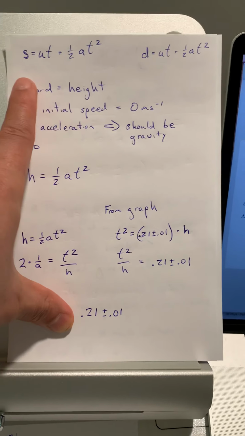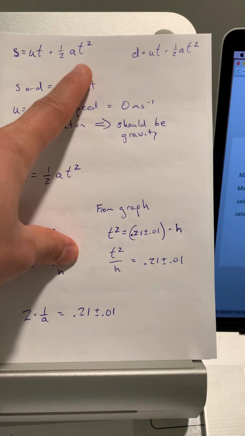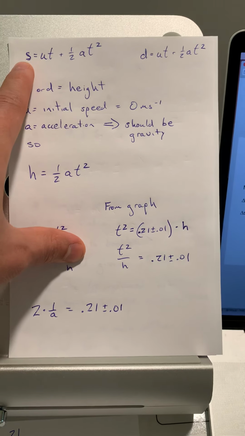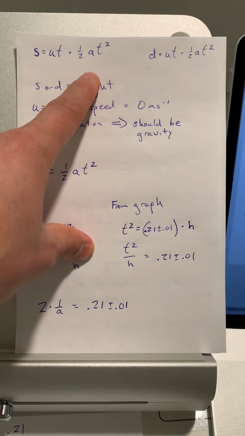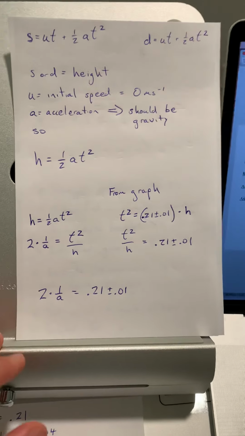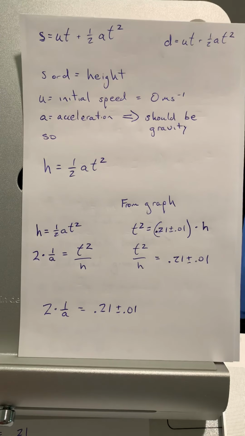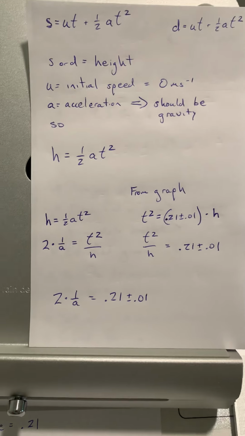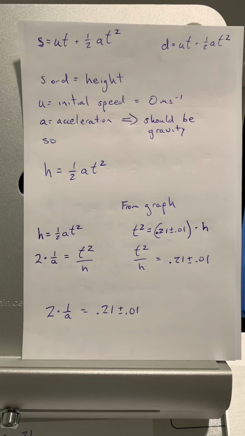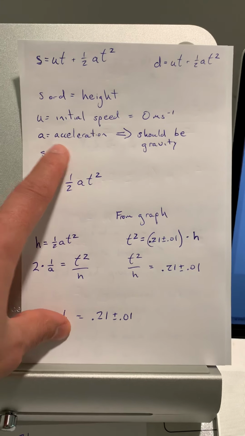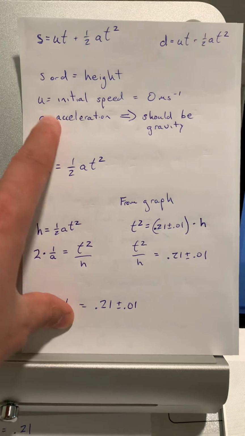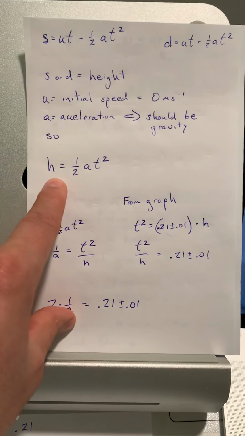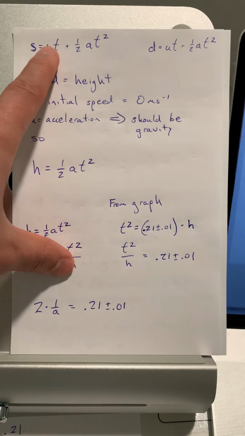Now, the reason why I chose this equation is because it has a t squared and it has a distance in it, and it deals with something accelerating, so it makes sense from a theory standpoint that this equation would somehow relate to the equation we derived. And so now we're just going to do a comparison of those two equations. So I'm going to plug in h instead of s or d on the left-hand side, and then we got rid of the ut.